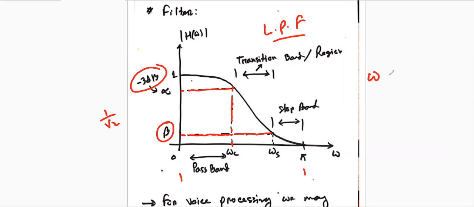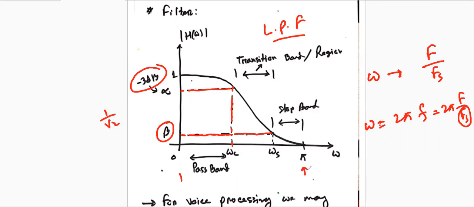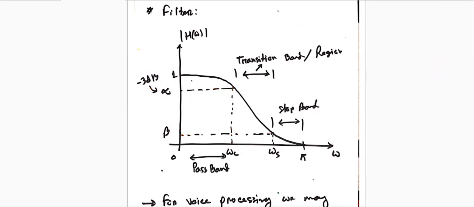Omega represents the ratio between the actual frequency and the sampling frequency, because omega is equal to 2 pi f, where f is the actual frequency divided by fs. So you can increase the value of fs and determine the value of pi for a particular case. We have learned those things in our previous sections.